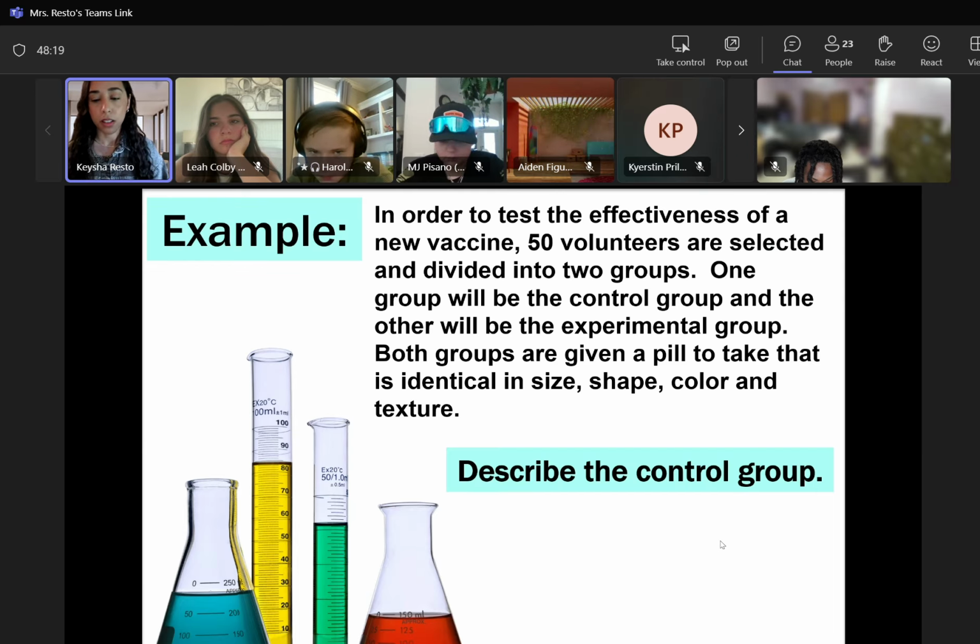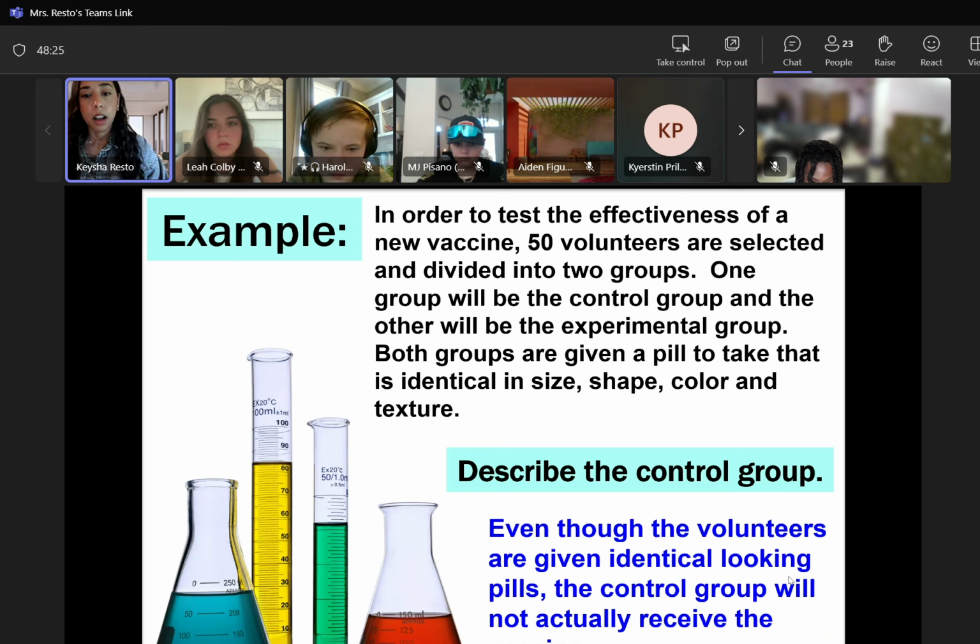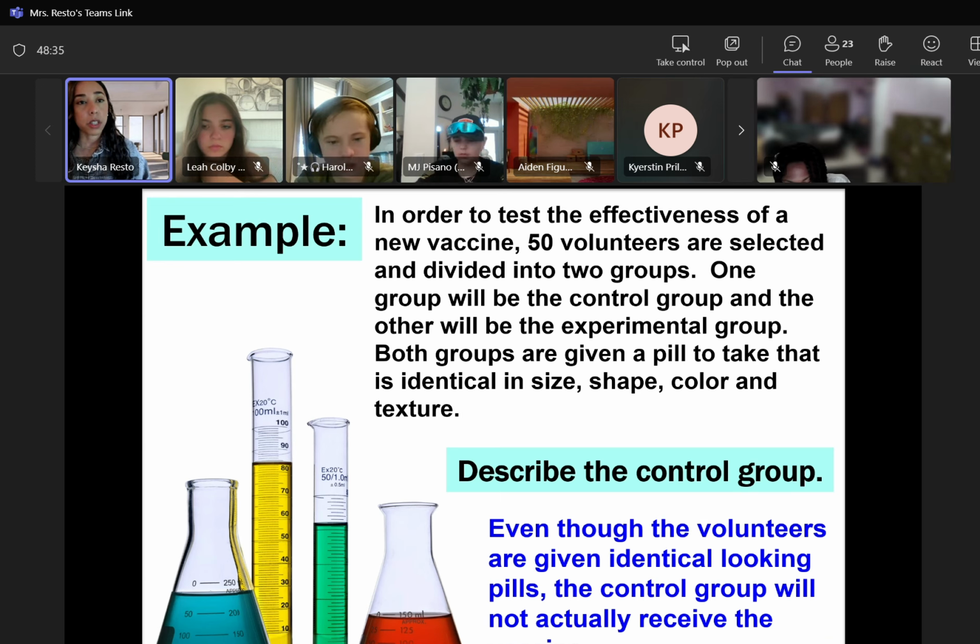Okay, I'm going to assume you are trying to understand this, so I'm going to move on and explain it. Even though the volunteers are given identical looking pills, the control group will not actually receive the vaccine or the medicine. That's what we call a placebo. It's basically a pill that doesn't contain anything.